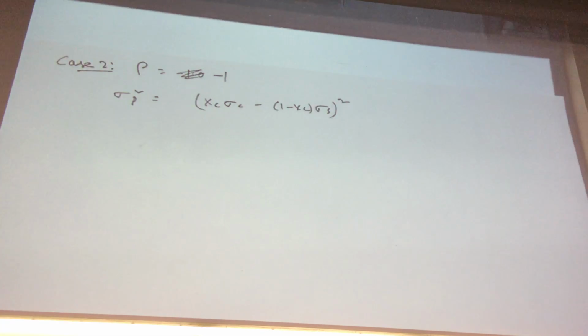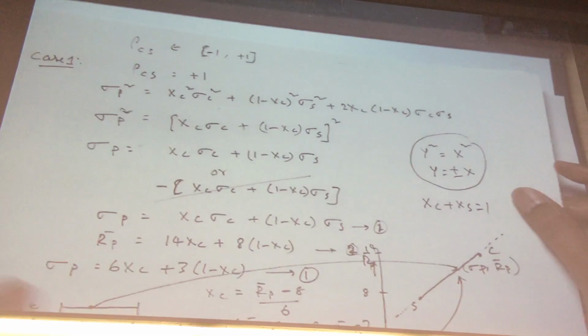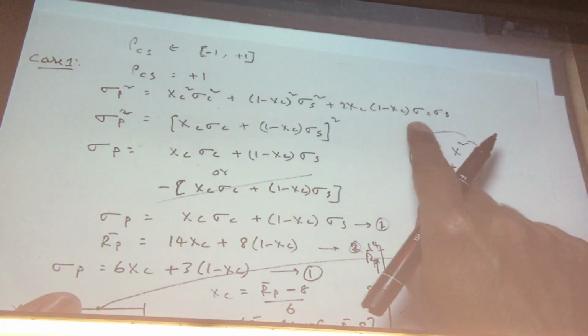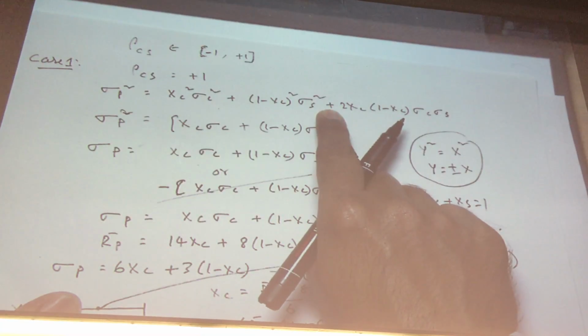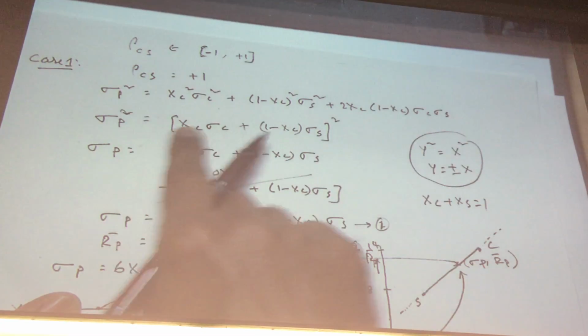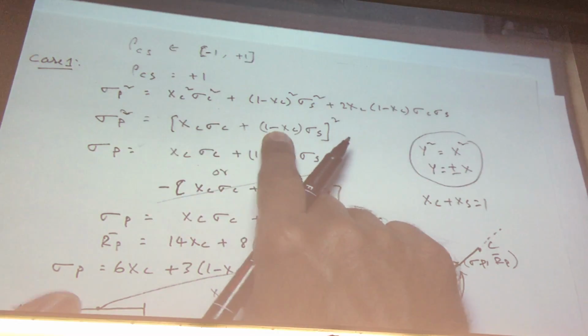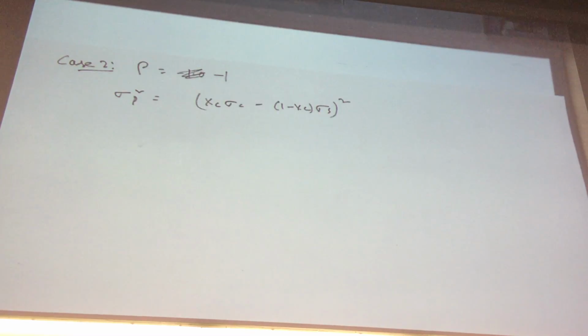I'm not writing all the stuff like this. You can write the same one and substitute minus. This is minus 2xc, and if you can write this as (a plus b) whole square, then obviously you end up with this one. Okay?